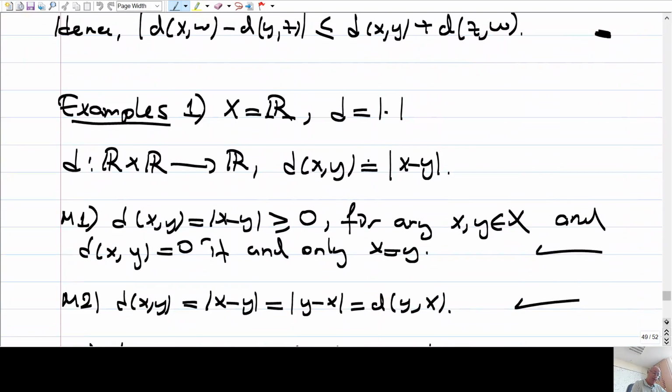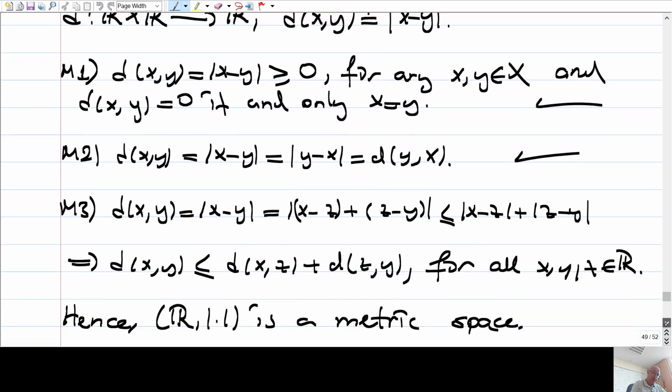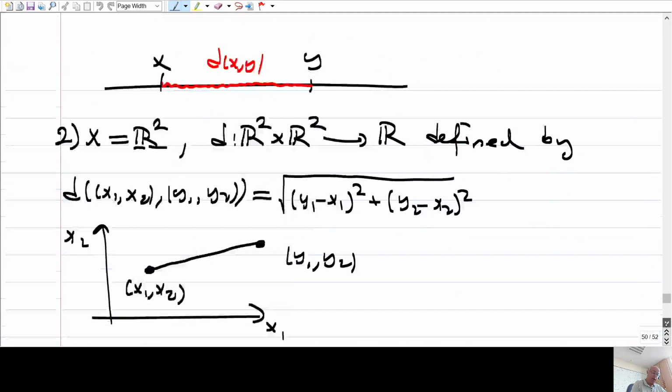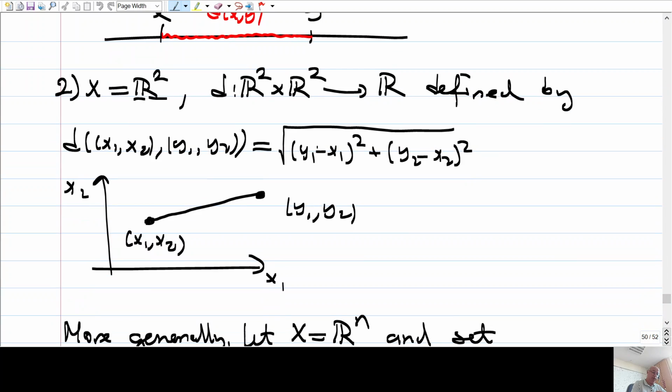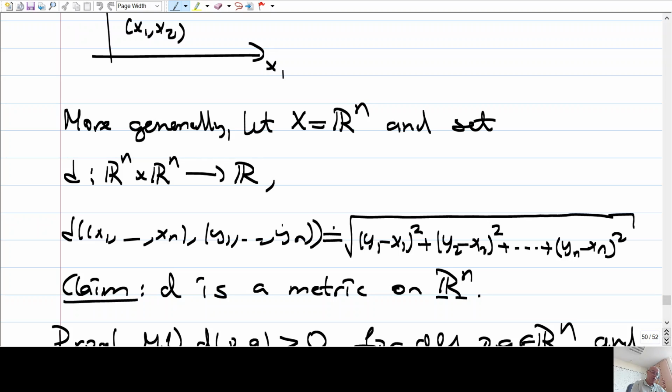Okay, we did this last time, and then we gave some examples. The first example was, of course, the real number system with the absolute value metric. We checked that it satisfies the axioms, and then we considered the standard distance function on the real plane. More generally, this is given on R^n.